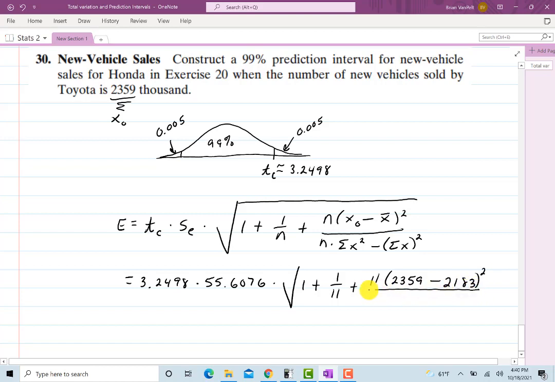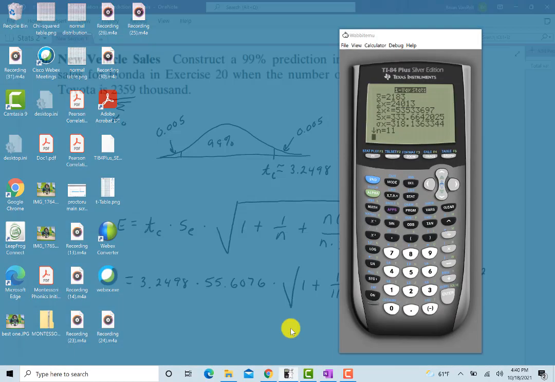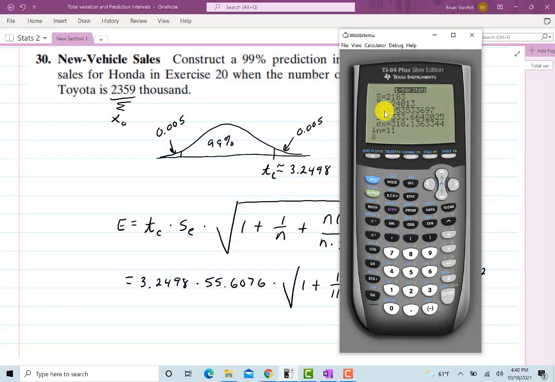Got to square that. And then below we have 11 times. I have found that it's easier, well, it depends. If the data is small, I just write it in. Let me see if they have the sum of x squared. See how big it gets? I think it's a pain to write all those things down. And then you have the sum of x, that quantity squared.